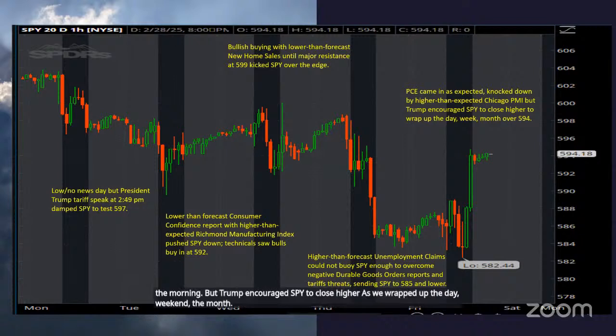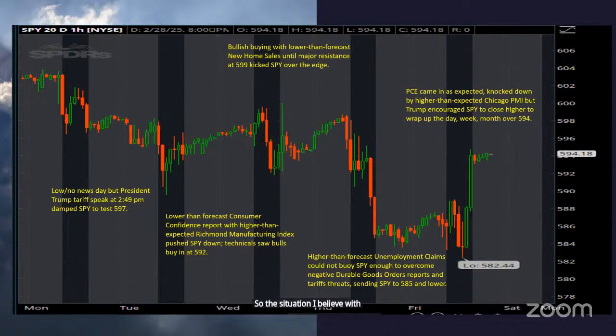So the situation with these tariffs, I believe, is that it's really a negotiating tool. And one thing about Trump, and I don't know if you've noticed this, is he's very impulsive. He has an idea and he says, "Oh, I like this, I'm going to implement it." And unfortunately, he has the power to do so, or maybe fortunately, I don't know.